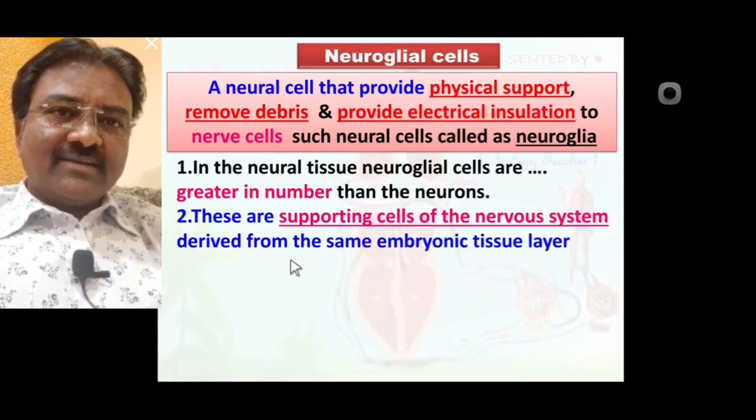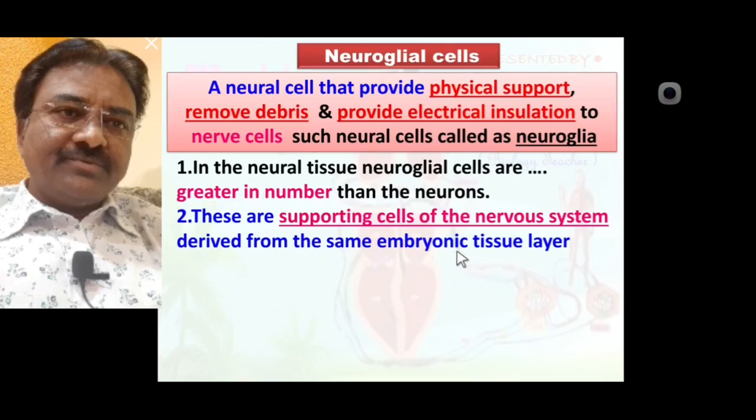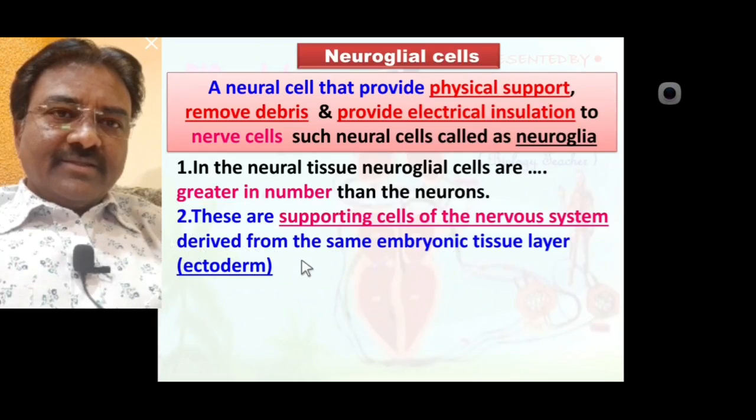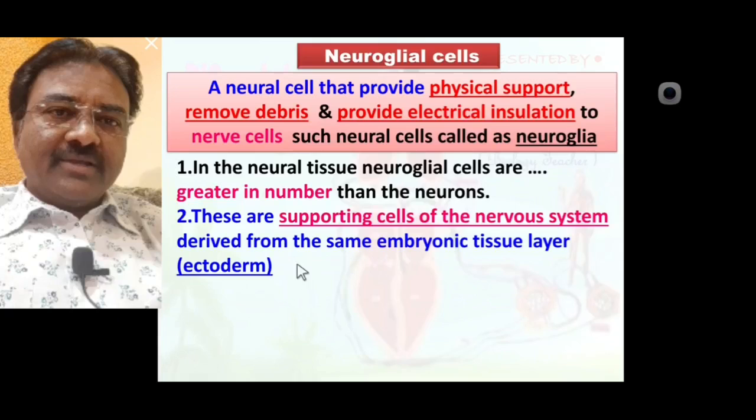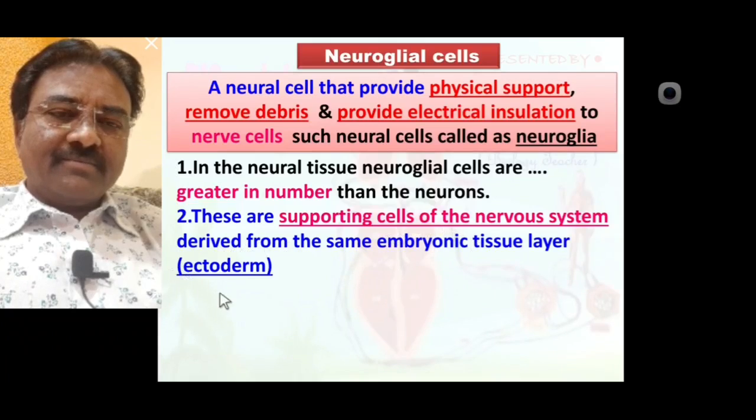Third point, neuroglial cells are derived from the same embryonic tissue layer, the ectoderm. Means neural tissue is derived from the embryonic ectoderm germ layer.